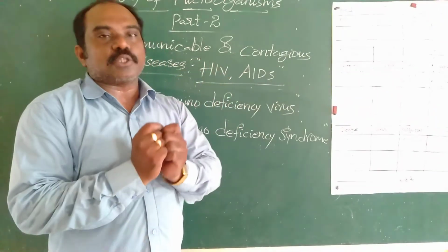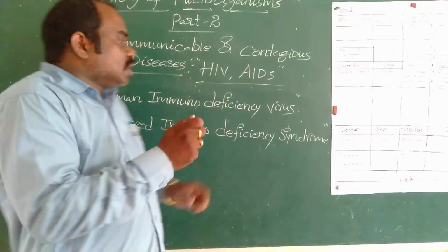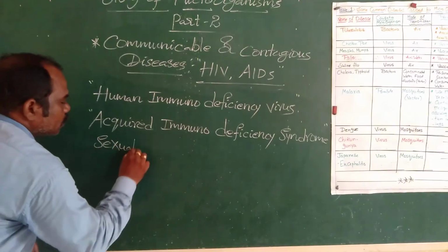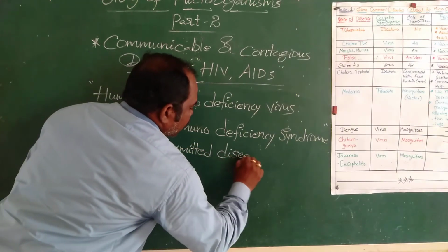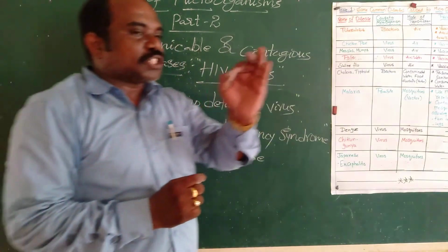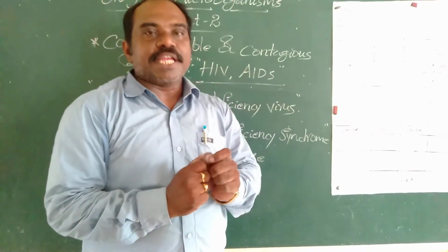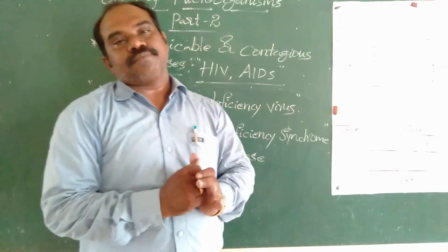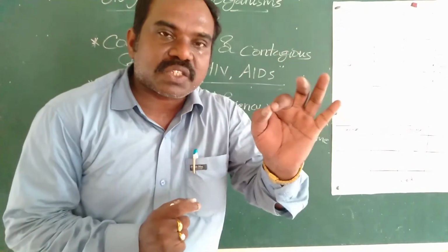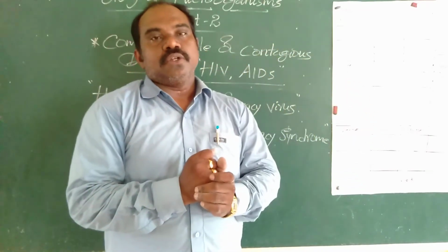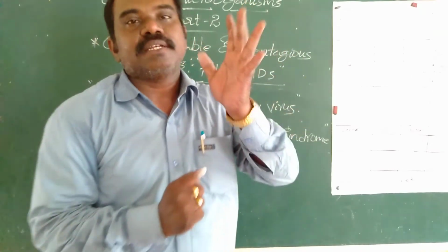This disease is transmitted through physical contact, sexual contact. This is a sexually transmitted disease. The HIV virus can infect our body through sexual contact, through blood transfusion, through infected instruments like syringes, needles and surgical instruments, and from a pregnant mother to her child.